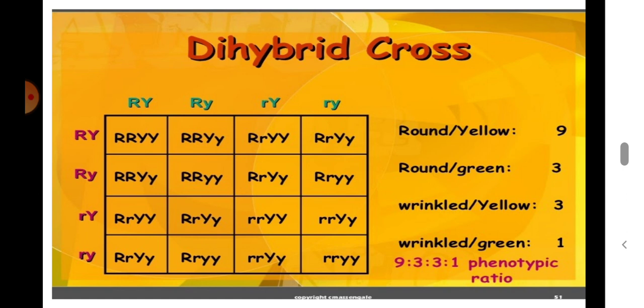The wrinkled yellow means having a small r and also a capital Y in the genotype. And the wrinkled green is small r and small y, that is the wrinkled green color.